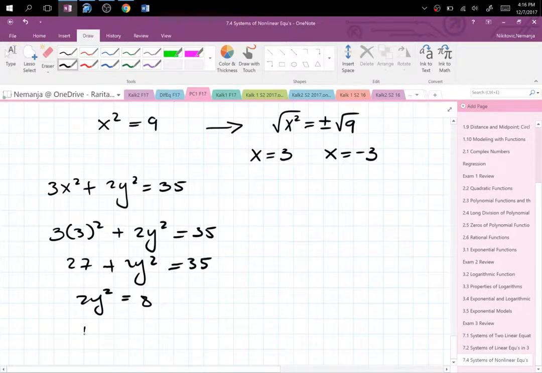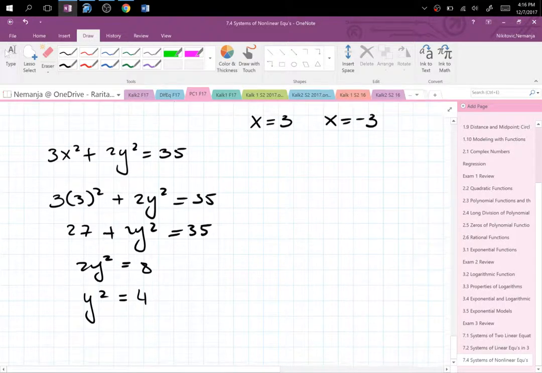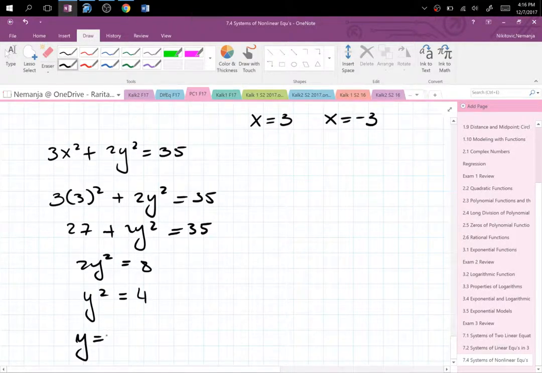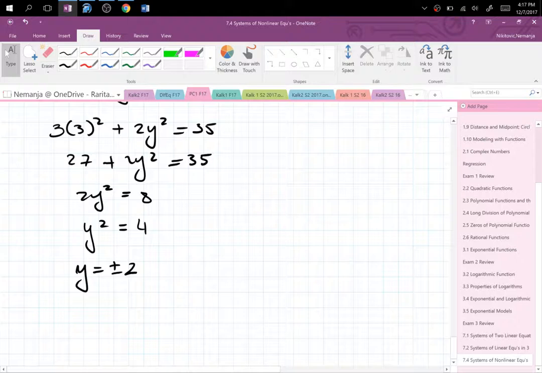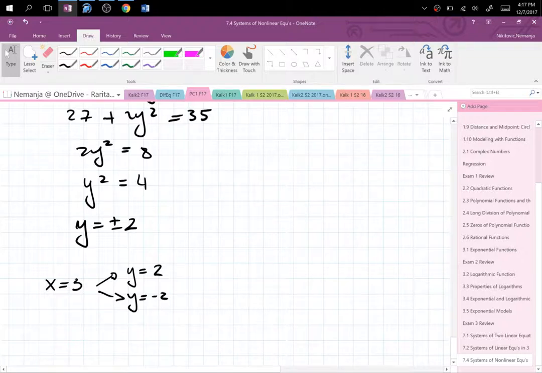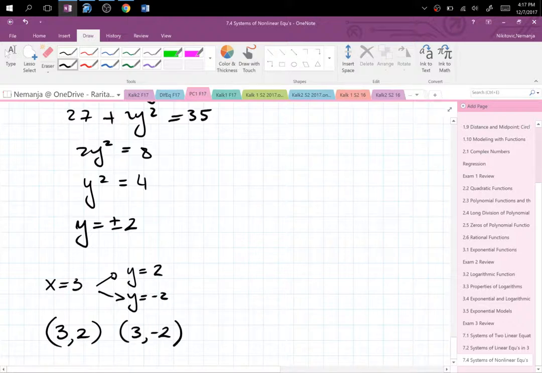And then divide both sides by 2. y squared is equal to... Perfect. And then what's y? Plus minus 2. So what we discovered is that input x equals 3 gives us two outputs. One y equals 2 and the other output y equals -2. So you have 2 points here: (3, 2) and (3, -2).